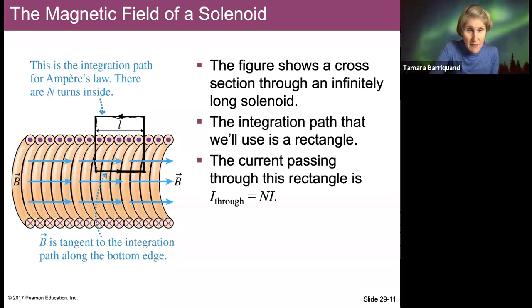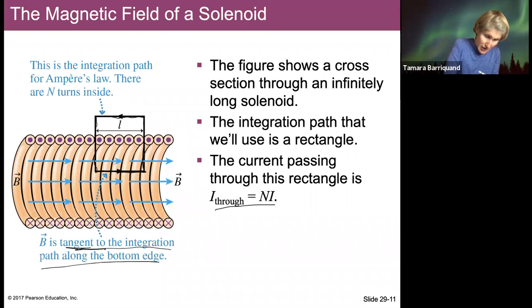And so the current that is passing through the rectangle will be just this current that's coming out here. And that will be N, the number of loops that is going through the rectangle, times I, the current. So it'll be N times I will be the current through the rectangle. And here, B is tangent to the integration path along the bottom edge.